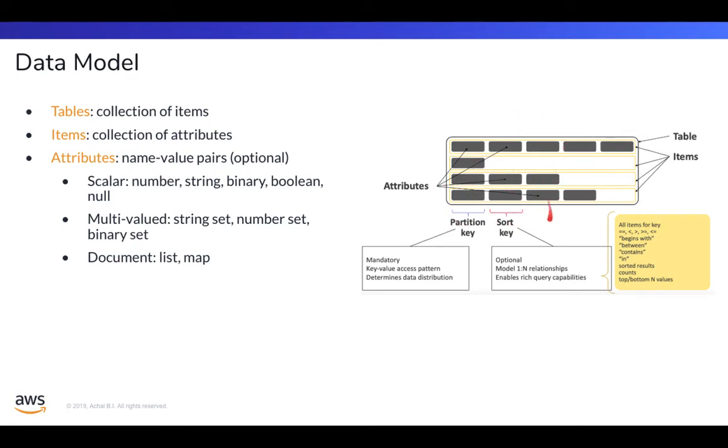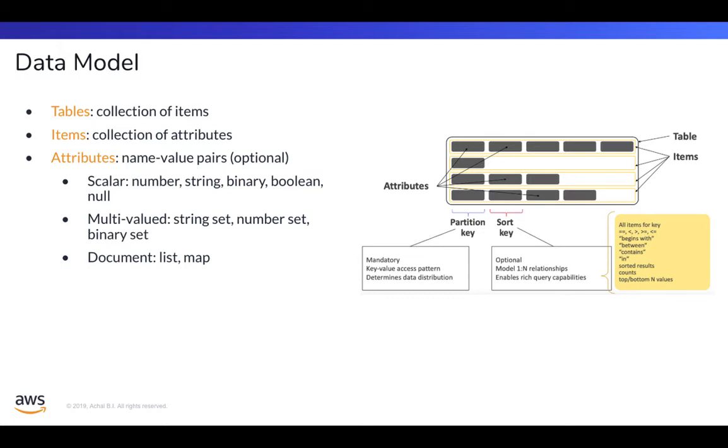Each attribute can be a name-value pair, where it can be a scalar value like numbers or strings, it can be multi-valued like a string or number set, and it can also be a document. It can be a JSON document, a list, a map, anything.